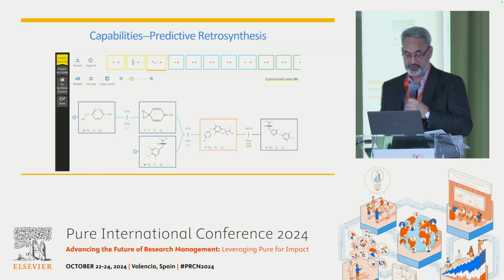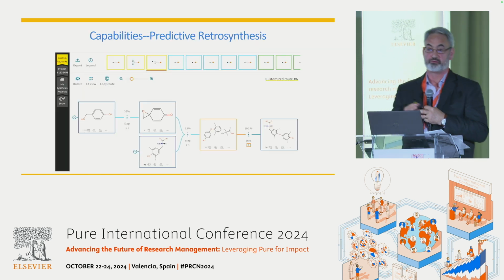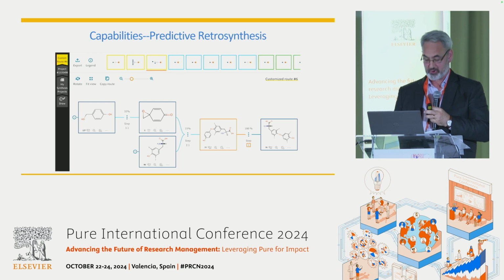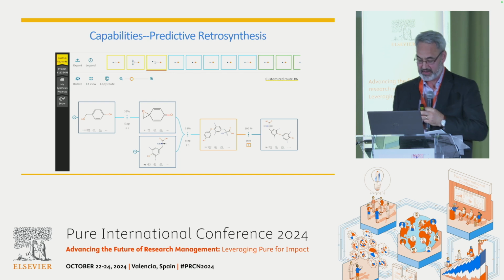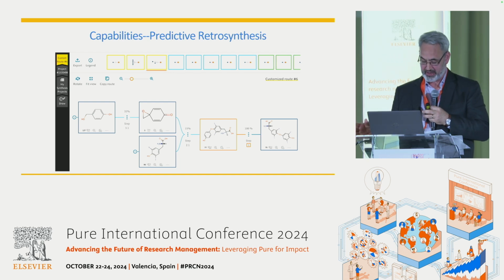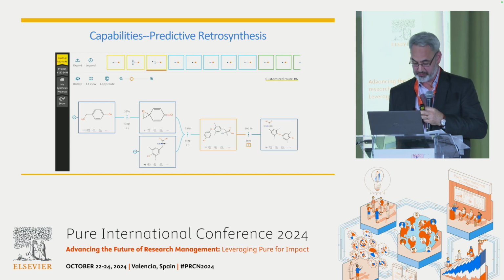And one of the key uses of this is what we call predictive retrosynthesis. That sounds fancy, but what it entails is knowing what you want your target molecule or chemical substance to be, and then working backwards to all the precursors of the compound. There are almost always multiple routes to create a compound, and most of these have multiple steps.